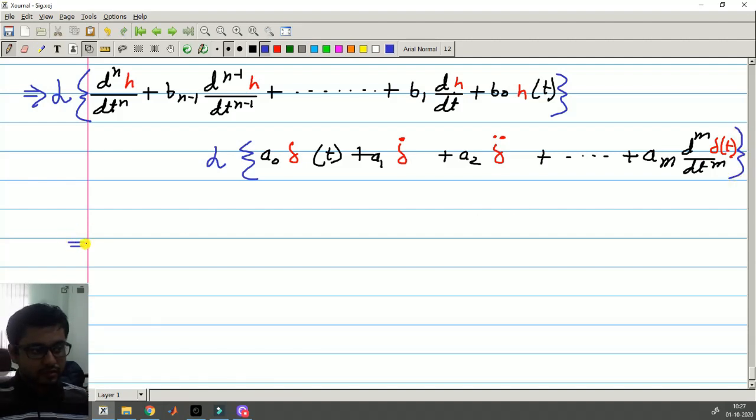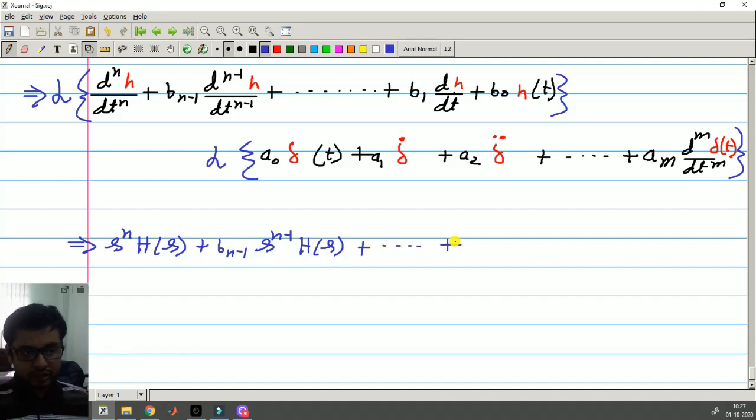Now Laplace transform of this first term, the nth derivative of h, will be equal to s^n H(s). Then this next term will be b_{n-1} s^{n-1} H(s) plus dot dot dot.